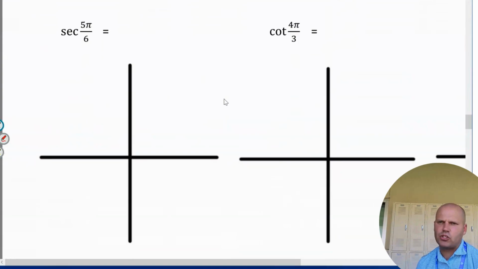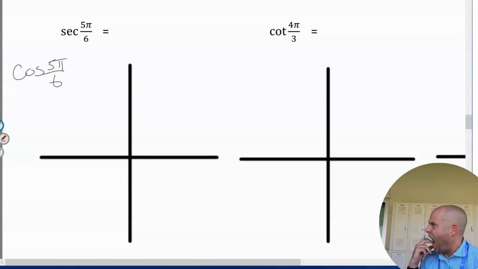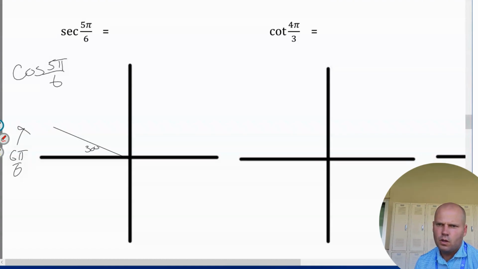All right, let's find the cosine of 5 pi over 6 and then flip it. Try that. Go to 6 pi over 6, subtract a pi over 6. Cosine is the adjacent. There's the cosine of 5 pi over 6 right there.